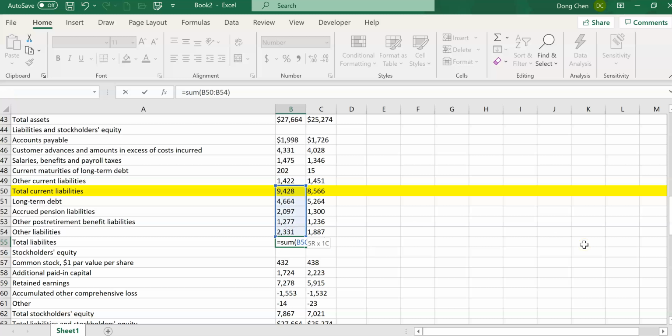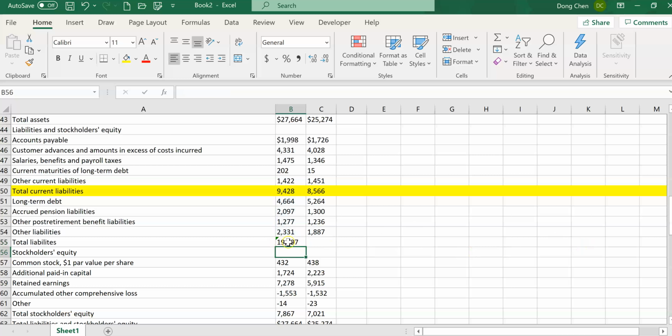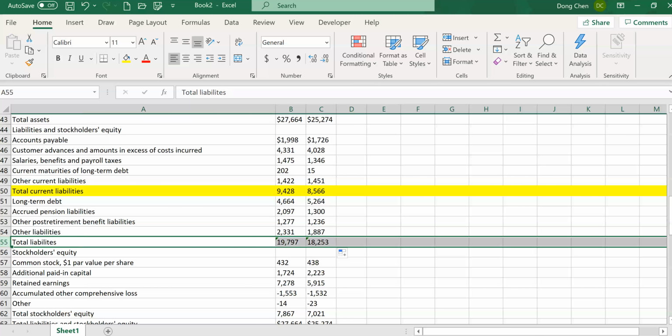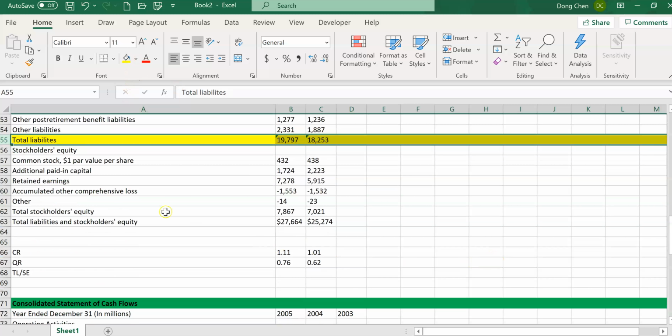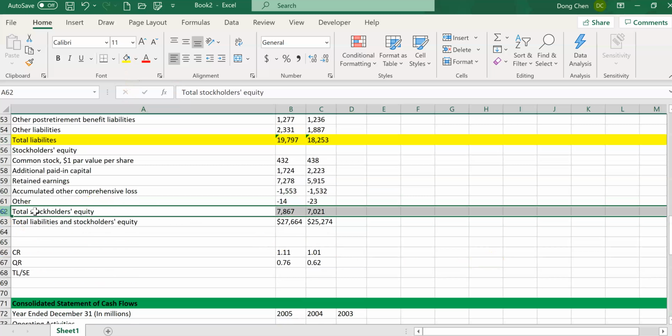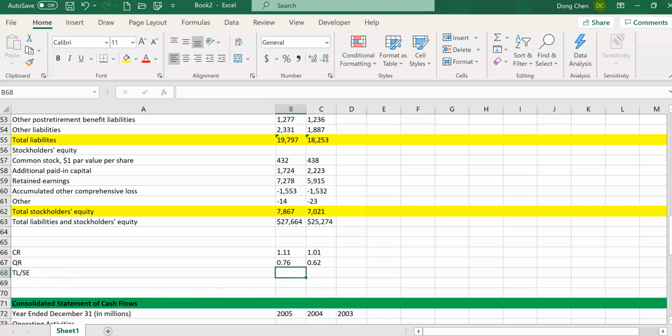So that's basically what we can do. And then we can drag the cell to the other year. So now I can highlight these total liabilities, and also let me highlight the total stockholders' equity. So total liabilities to stockholders' equity now can be calculated.